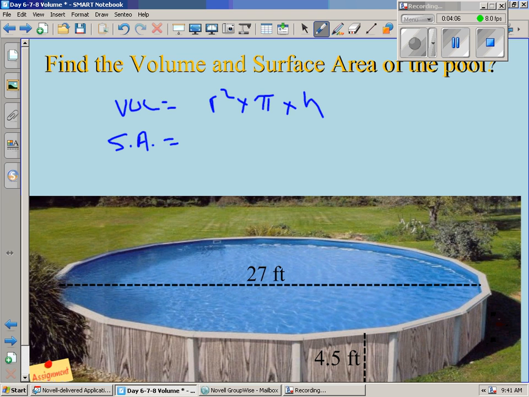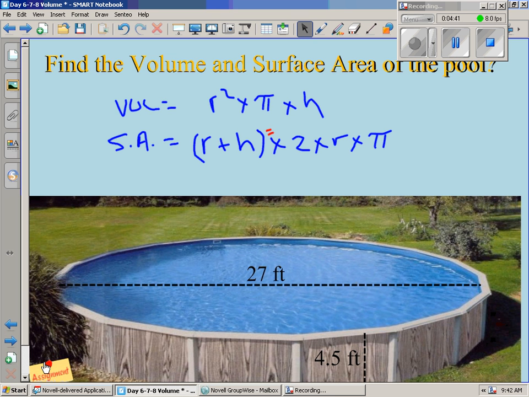And if we want to know how much it would take to buy a new liner for this and to cover the top of the pool, so we want all the sides and the bottom and the top, now we're looking for surface area. And as a reminder, that's r plus h times 2 times radius times pi. So again, you're still using the same r, the same h. Be careful with the second problem that you work out that first part, the answer in parentheses, before you double it, and then times r times pi.